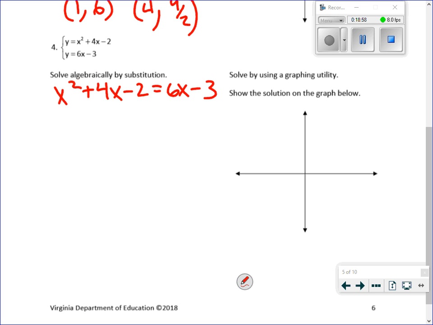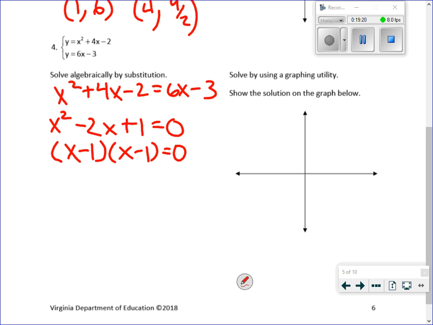Now we want it equal to what? 0. Good. So we should have x squared minus 2x plus 1 is equal to 0. And then we want to ask, can we do what? Factor. Can we factor here? Yes. So we would have x minus 1 and another x minus 1.